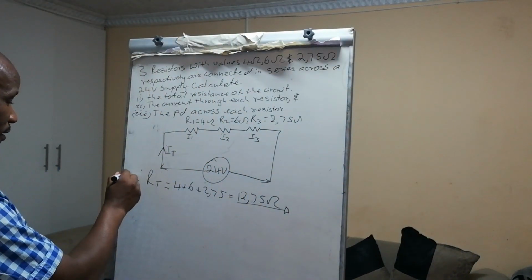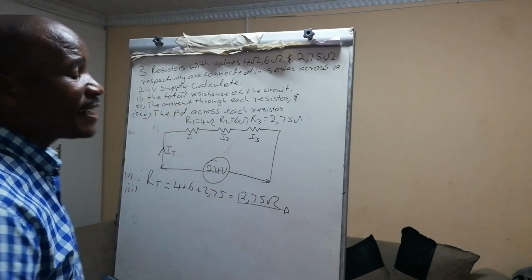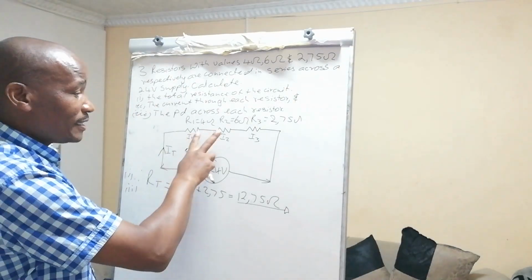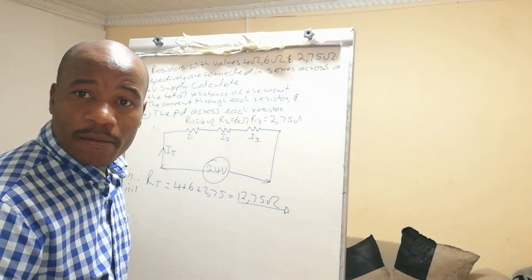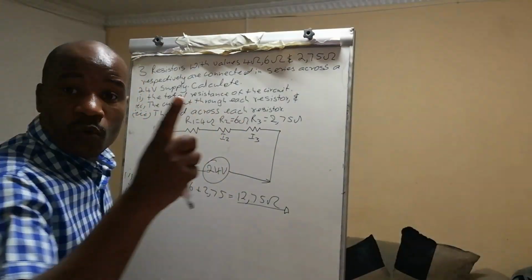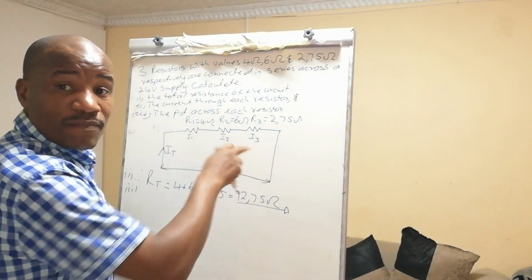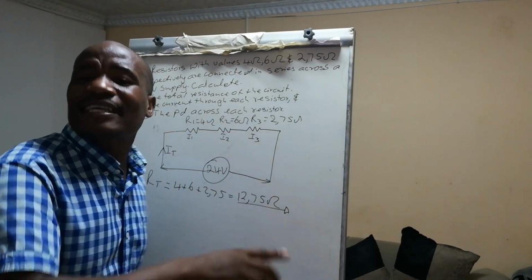That's number 1. 2, the current through each resistor. Principle number 2. 3, the total current passing through each resistor is the same.